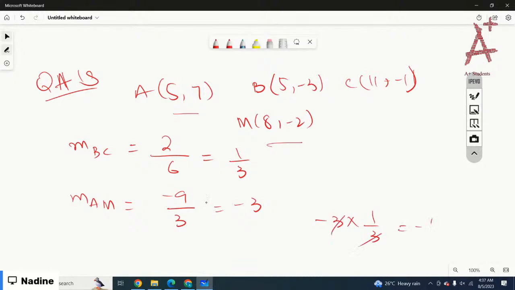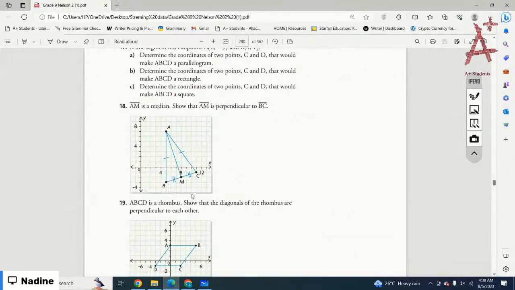When you cancel out, you are left with negative 1, right? So if the product of the slopes is negative 1, that means AM is perpendicular to BC, right?